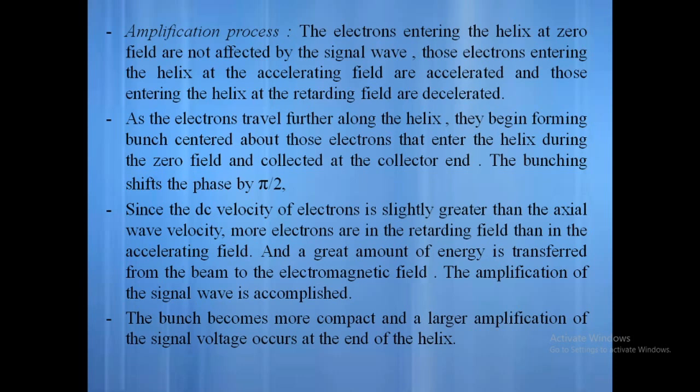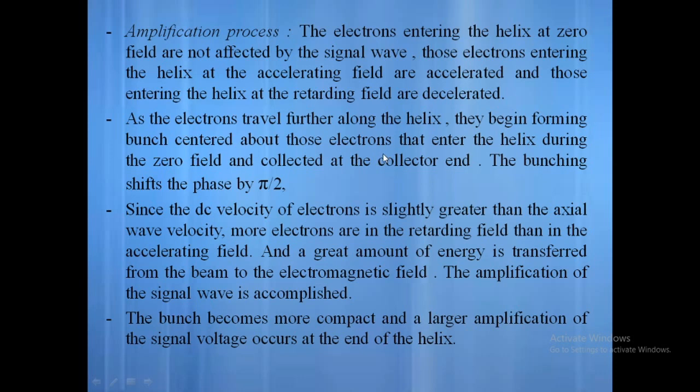The fast electrons with the transit time will combine with late electrons to form high energy, which affects the electric field present in the helix. As the electrons travel further along the helix, they begin forming a bunch centered about those electrons.